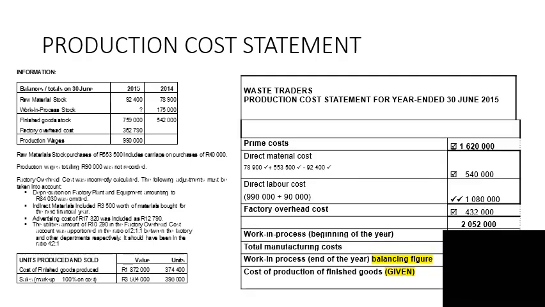Our production cost statement will look like this. The direct materials, we have our opening stock of 78,000. This is our opening stock of direct materials.